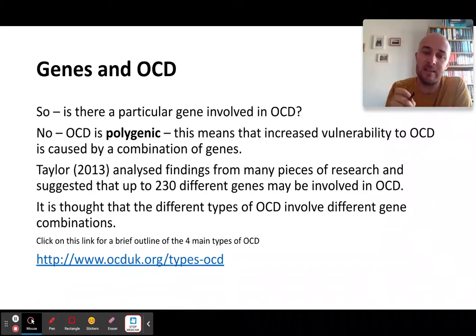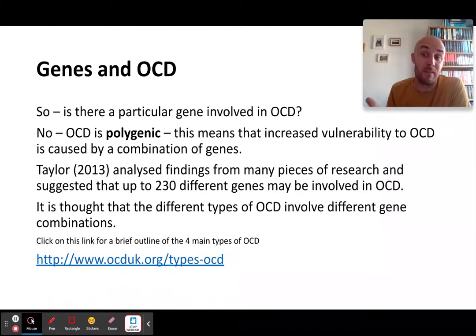So OCD is thought to be caused by up to 230 different genes. One thing I do want you to note down is that so many genes being involved explains why OCD is so varied in so many people. If I put two people with depression next to each other, they look exactly the same, maybe a couple of differences, maybe one feels worthless and one doesn't.